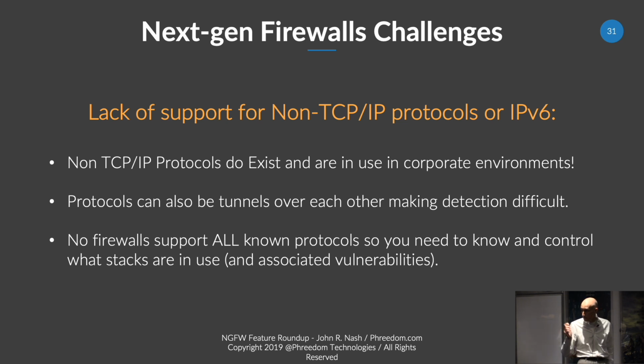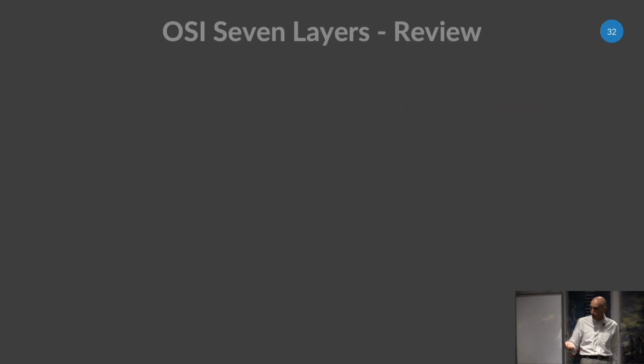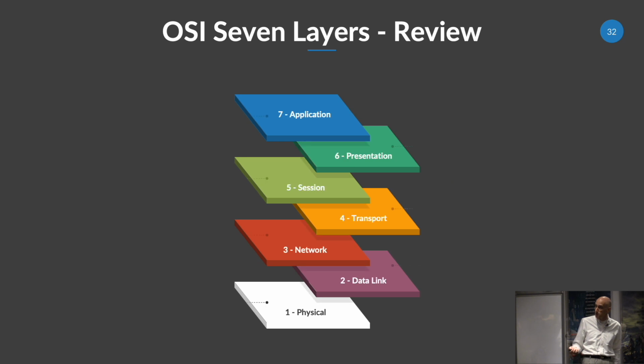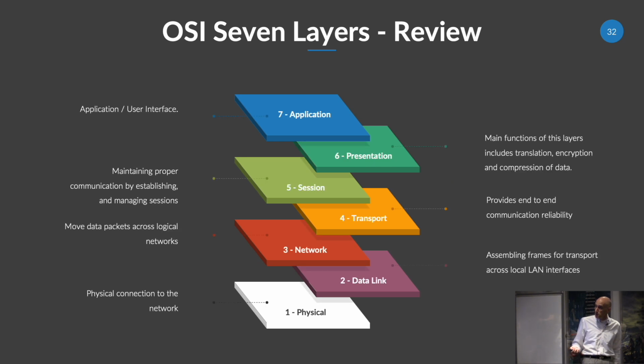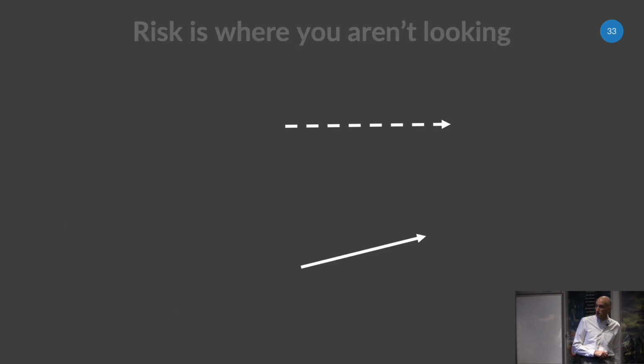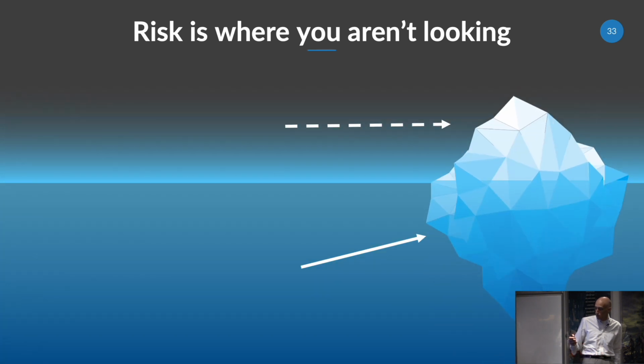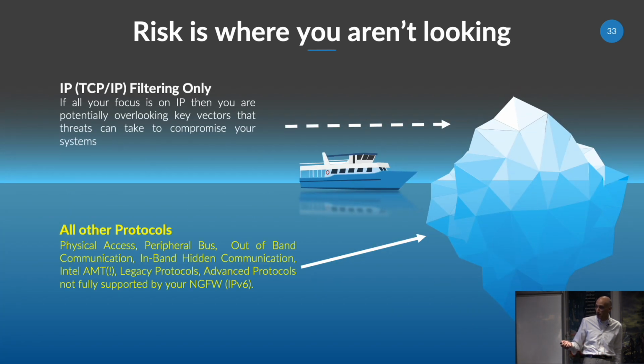OSI 7 layers, just a quick review again. Don't need to cover that. So risk is where you aren't looking. TCP/IP, IP filtering, again, that's what most firewalls are focused on. Here are all the other protocols that can be a vector to infect your system.